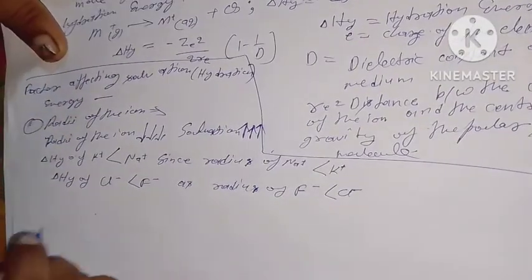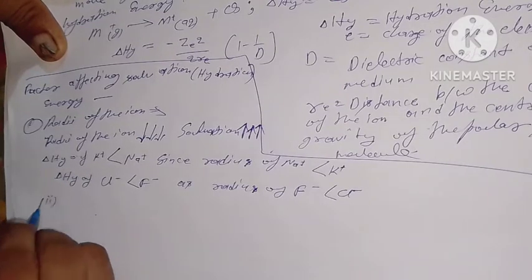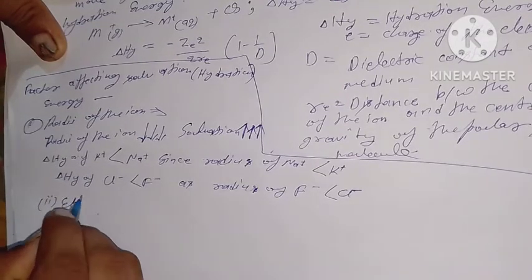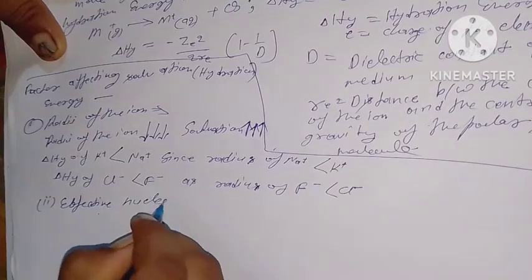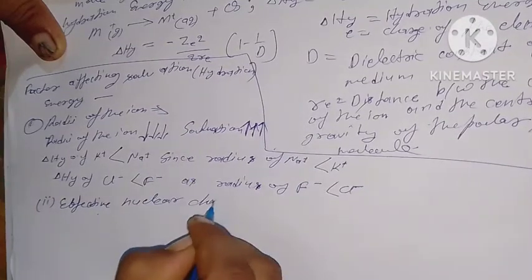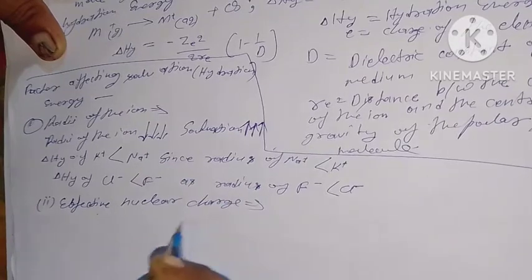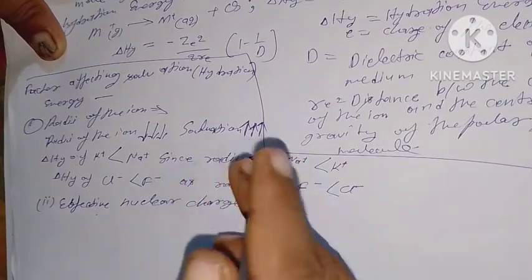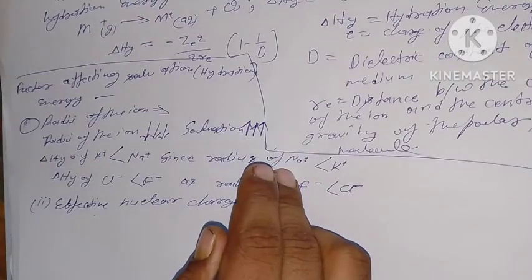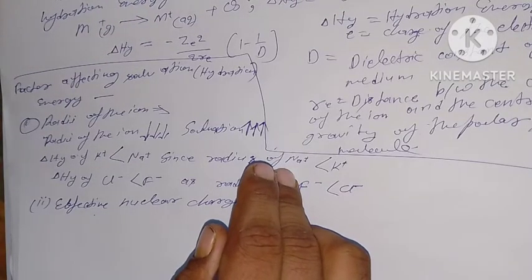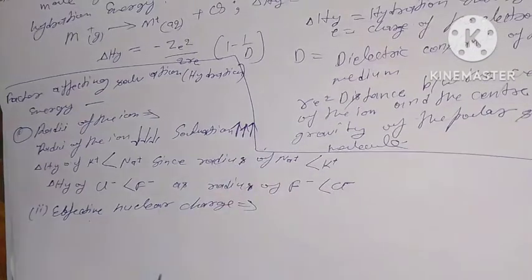Next is the effective nuclear charge. Second, effective nuclear charge. If the radius of the cation and the charge remain the same, greater is the Z effective, greater is the solvation, hydration energy. Okay?